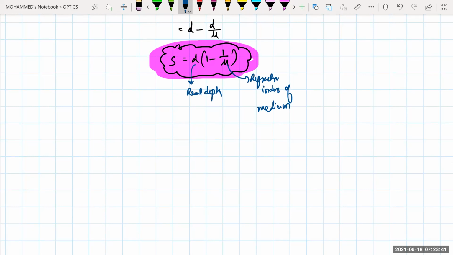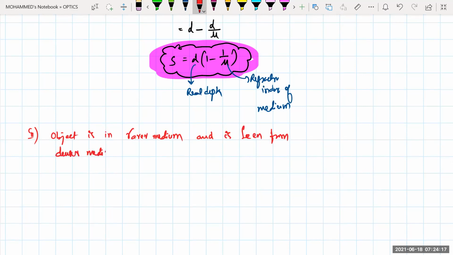In the opposite case, when the object is in the rarer medium, like a bird, and is seen from the denser medium.